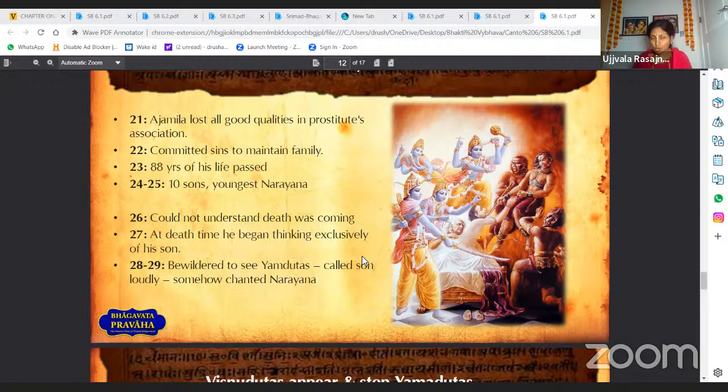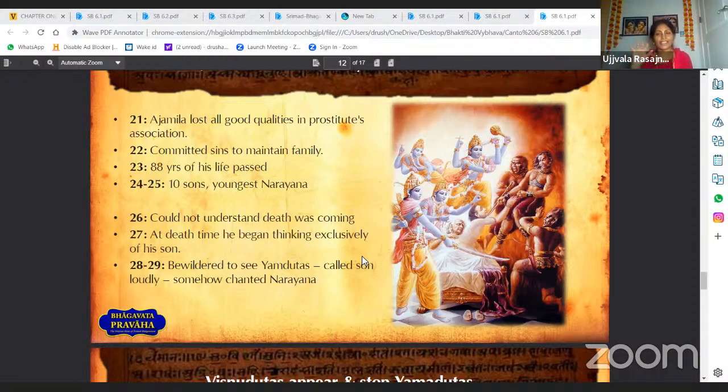The Nama is so merciful. The Lord is thinking, okay, fine, he may be calling the Jiva, but still he has uttered my name. Yes, the Nama is that merciful. Though we don't intend to call the Lord, if the Nama is uttered, the Lord says, that's fine, he uttered me.